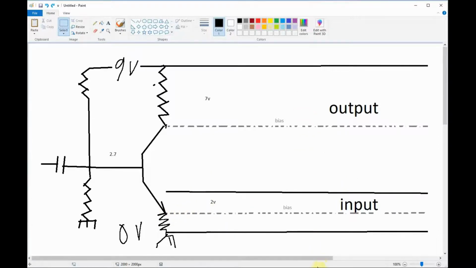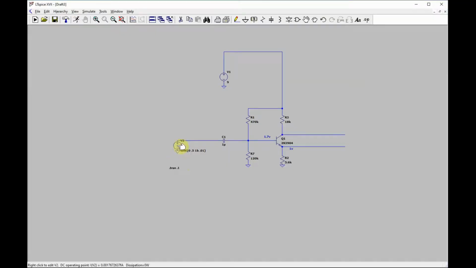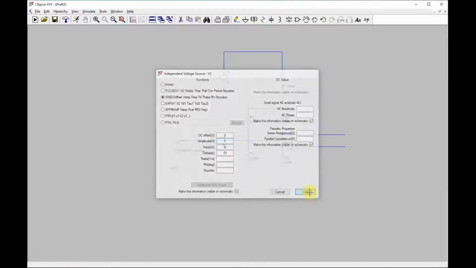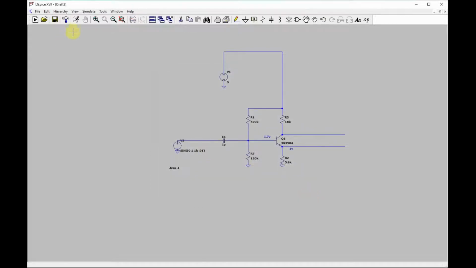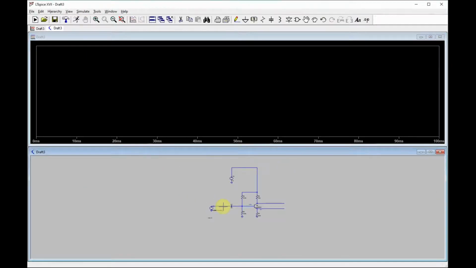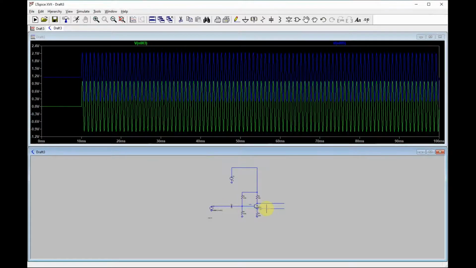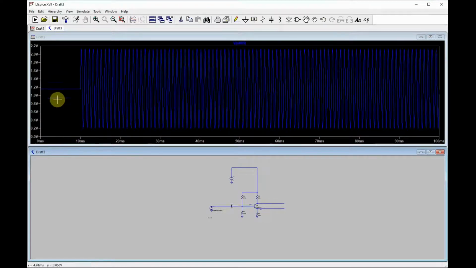So let's increase that and see what it looks like. Amplitude of 1. This is going to be really cutting it close, but these are sort of maximum calculations that we're doing. So here's 1 volt. We should see this copied, riding along around 1 volt.